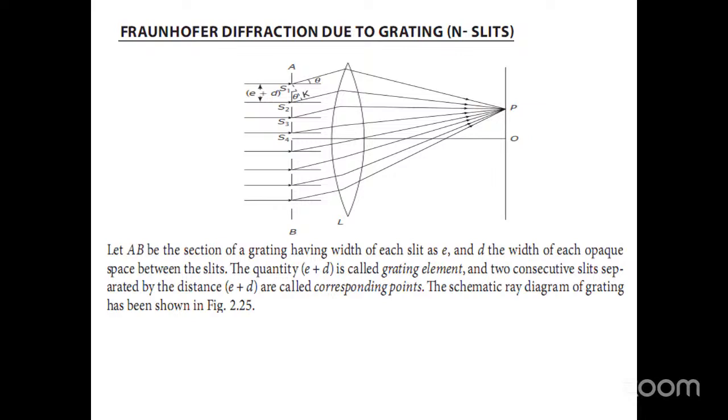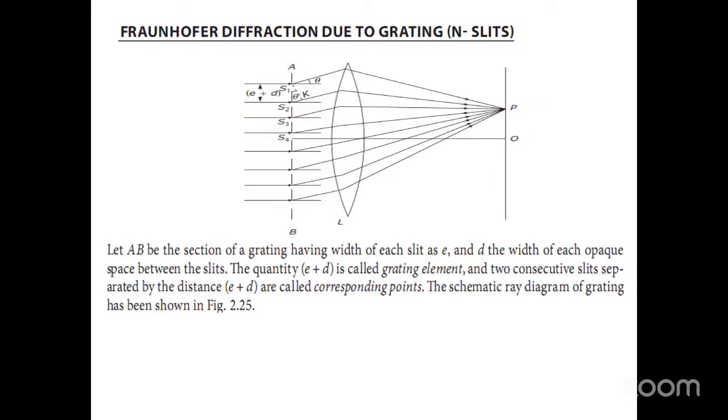But here, if you consider more than two slits, there we use a diffraction grating element. A grating element is a thin transparent glass material. On that glass material, equidistant parallel lines are drawn.